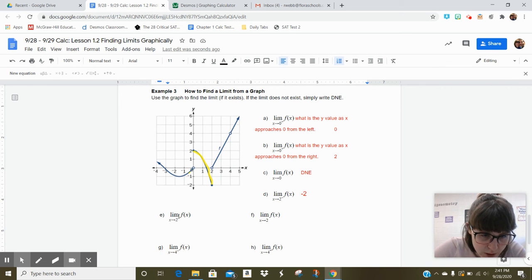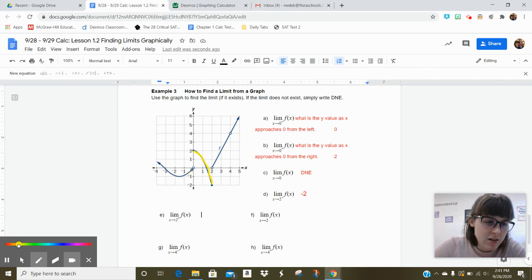Okay, now, as we approach it from the right, because as you see this little plus sign exponent here, means now we're approaching 2 from the right. So we're approaching 2 from the right, so we're going to come in on this side. And when you get to x equals 2, what is the y value of this point?